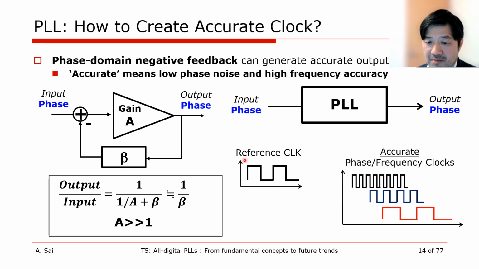Prepare a very clean reference clock source with low phase noise and a very high feed-forward gain. By following the output as much as possible, it's possible to generate a high-quality clock with low noise and no frequency fluctuation.